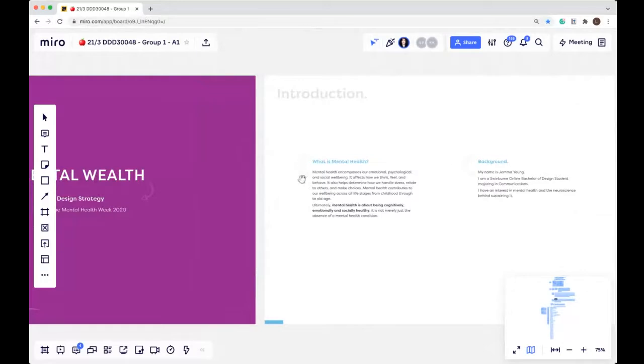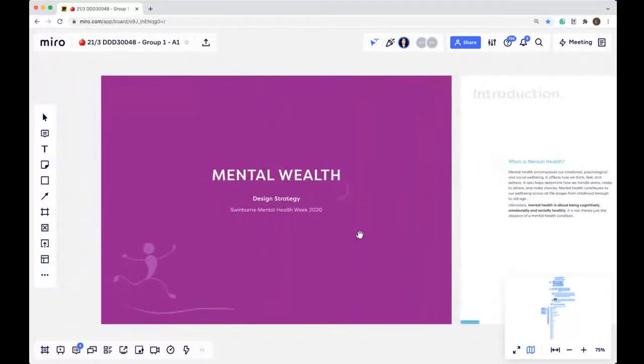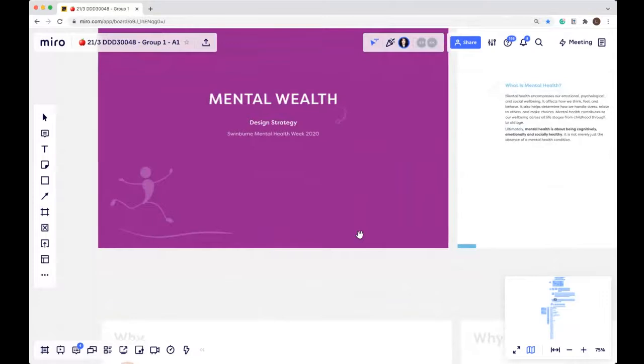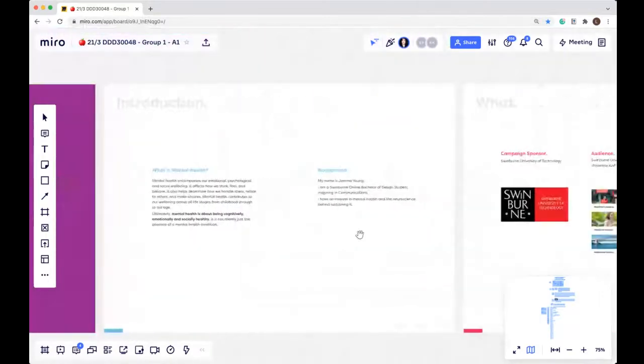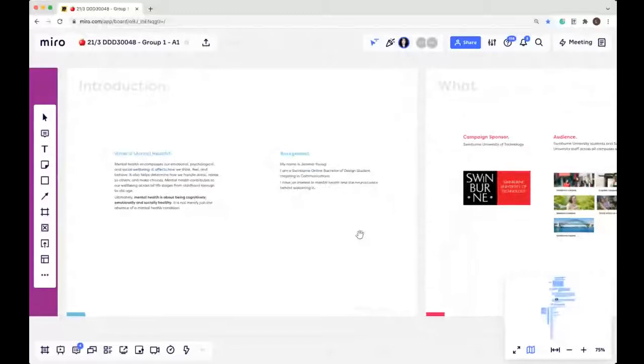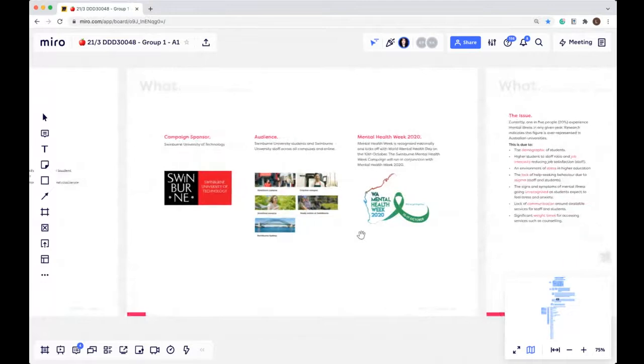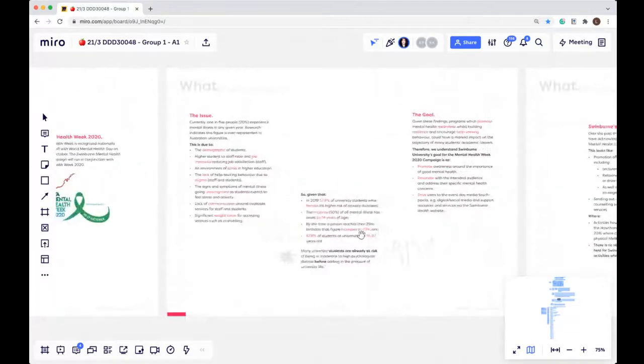Yeah, she does have some cute little design elements, correct. So this is her presentation. Yeah, so she's got a really lovely slide layout too. It's all really clear.